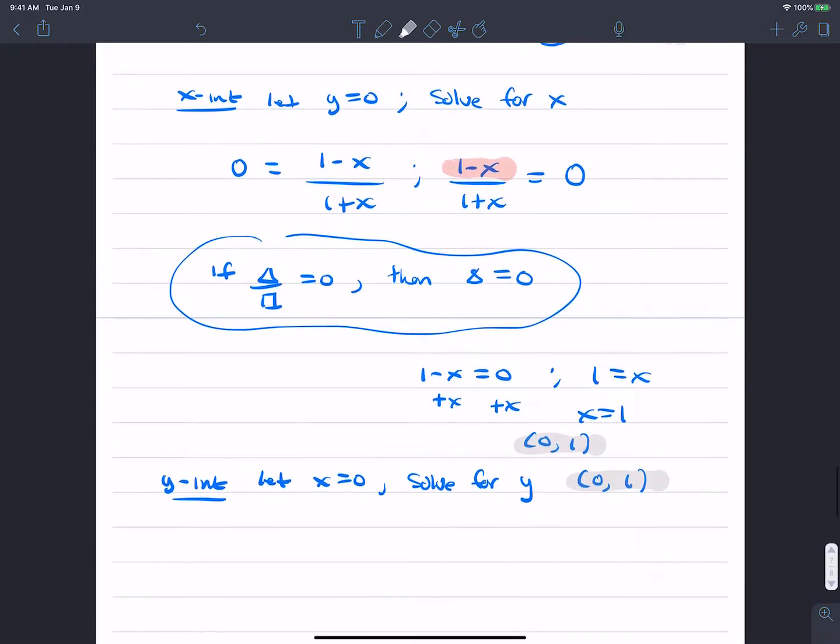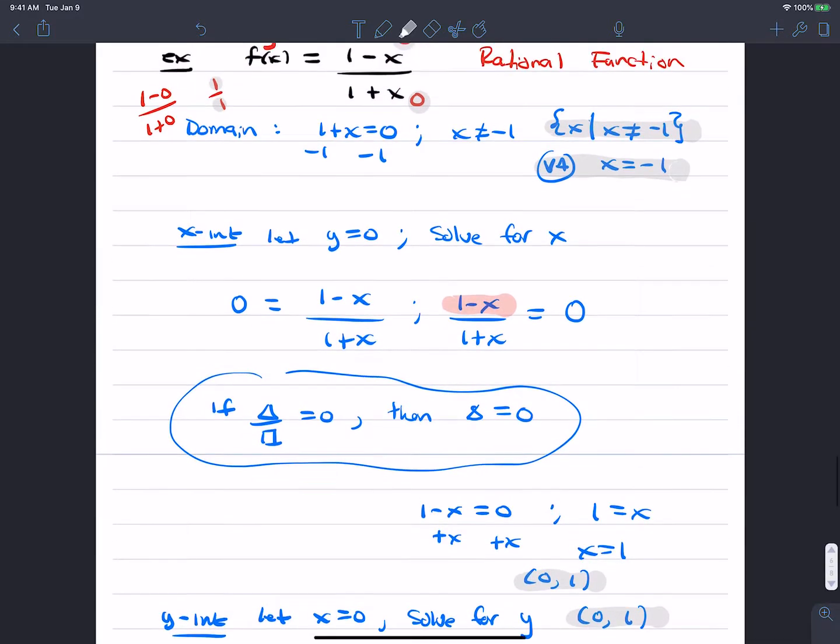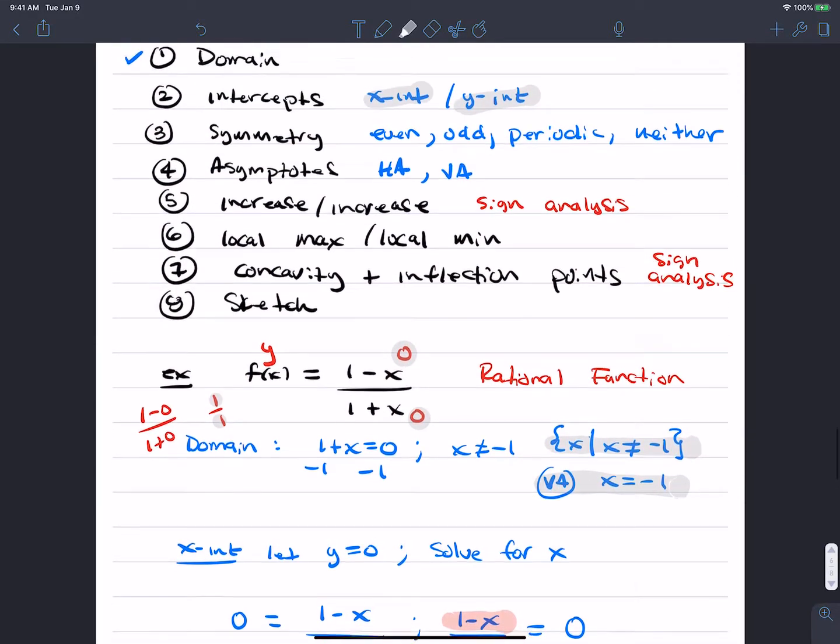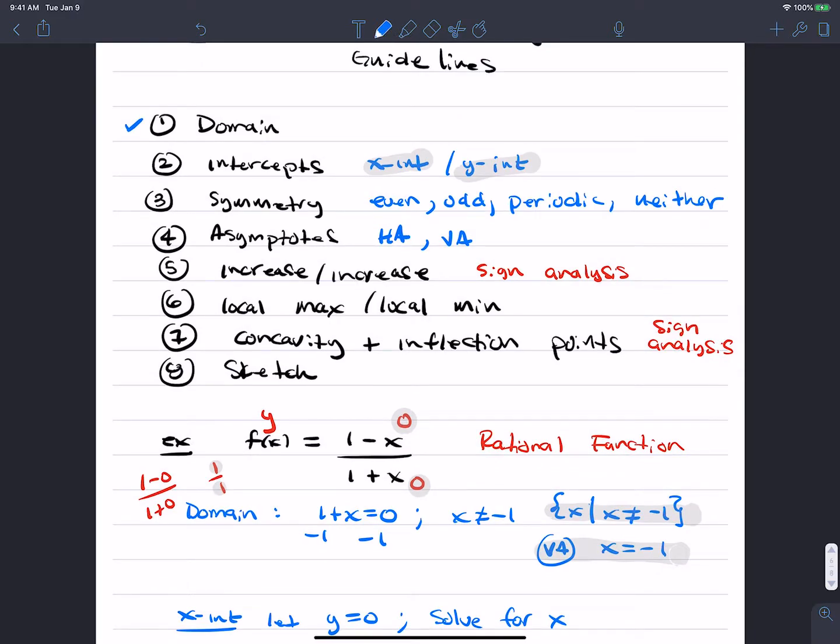So after we find the intercepts, we have them. We have the vertical asymptote. We have the domain. We then go to this concept here of symmetry. Okay? And so notice this. Because this is a rational function, where your numerator is a polynomial and the denominator is a polynomial, we'll be looking for whether the function is even or odd.